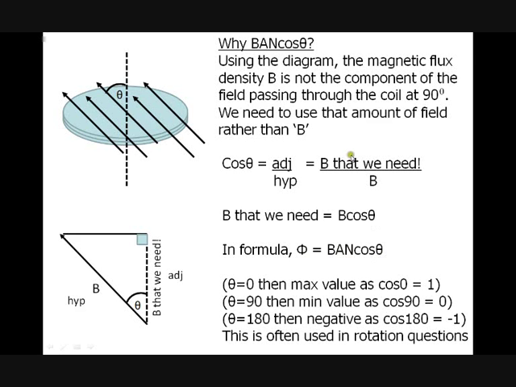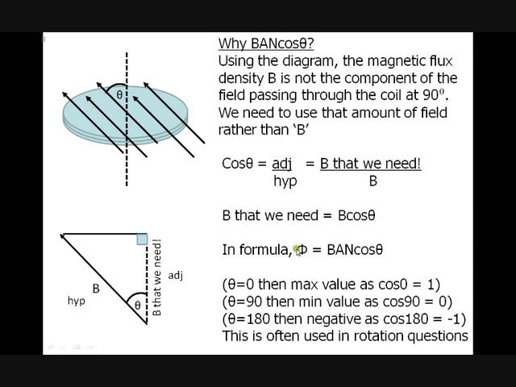When is it maximum? Well, it's at maximum when it's not at an angle, when theta is 0, so cos theta is 1. It's at a minimum if it was exactly through the coil in this plane. So if it was lying flat, if you like, then you would get 0 flux linkage. And if you turned it all the way around and went through 180 degrees, then cos 180 is -1.